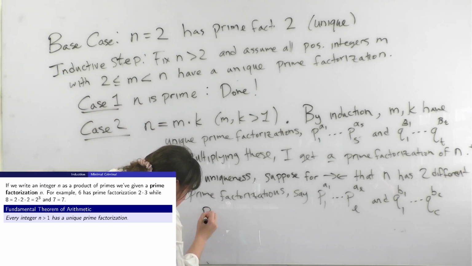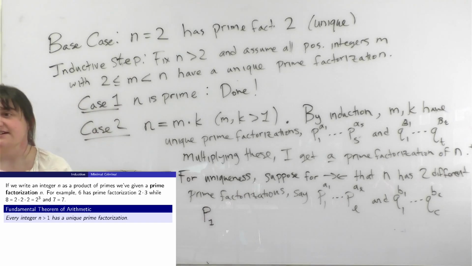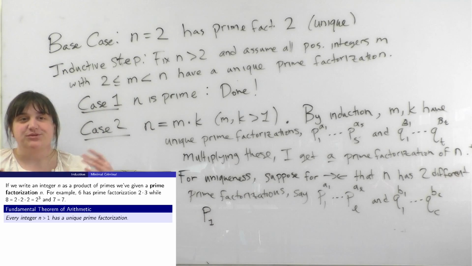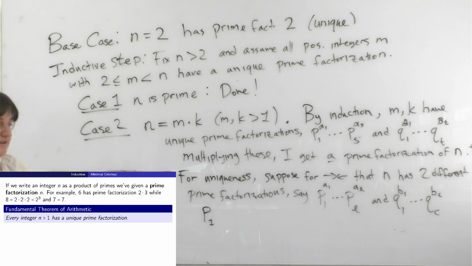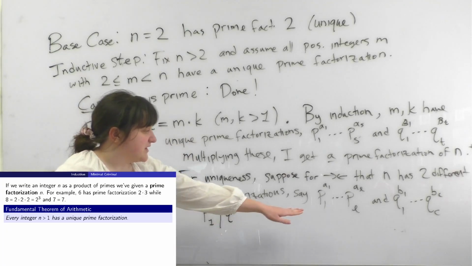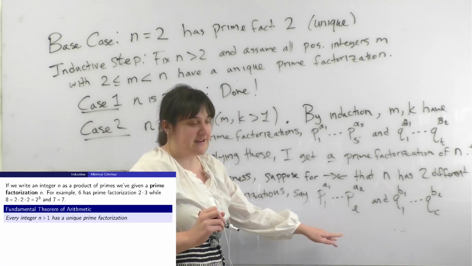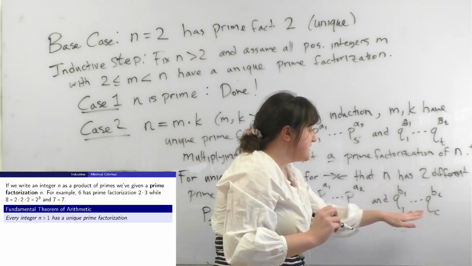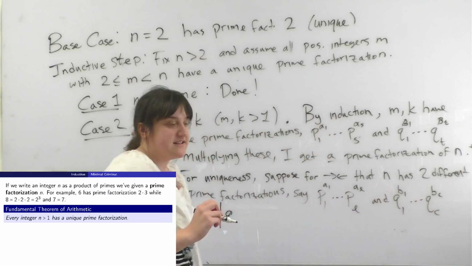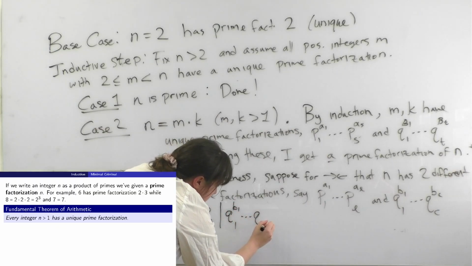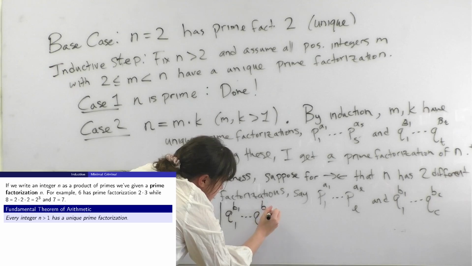The way that I'm going to do that is use that nice lemma we have about what happens when a prime divides a product. So p_1 certainly divides this product, right? I see I have a factor of p_1 there. These two products are equal, so it has to divide this product. So it divides q_1 to the b_1 through q_c to the b_c.